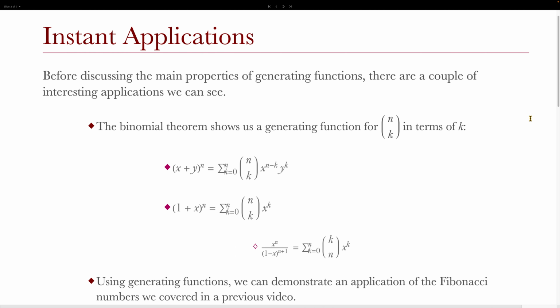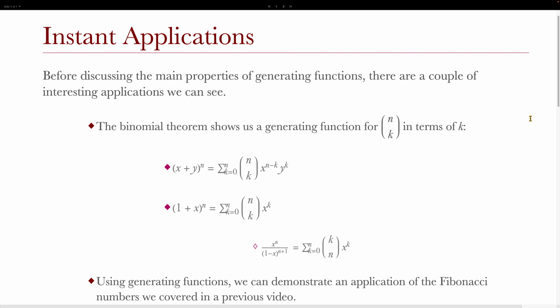Now, before we look at the main properties of generating functions, there's actually two different applications we can see right off the bat. Firstly, the binomial theorem shows us a generating function for the binomial coefficient of n, k in terms of k. To put it fresh in our minds, the binomial theorem shows x plus y to the power of n will equal the sum from k equals 0 to k equals n of the binomial coefficient of n, k times x to the power of n minus k times y to the power of k.